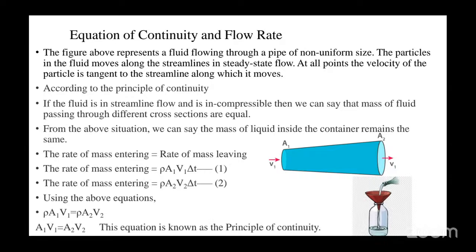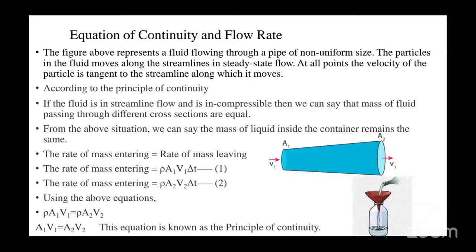So that gives us density, area, velocity, and time is equal to our mass. So we do that for the first part and repeat the same thing for the second part.